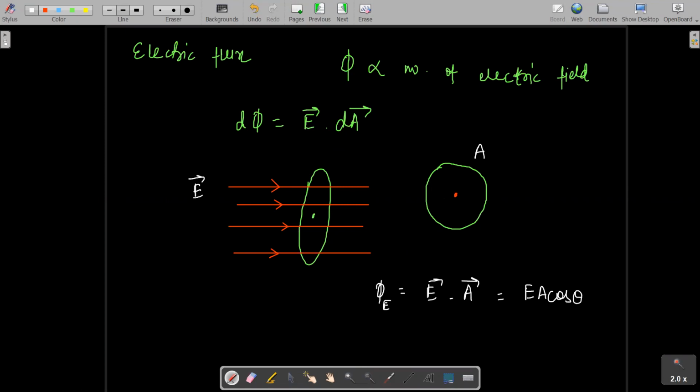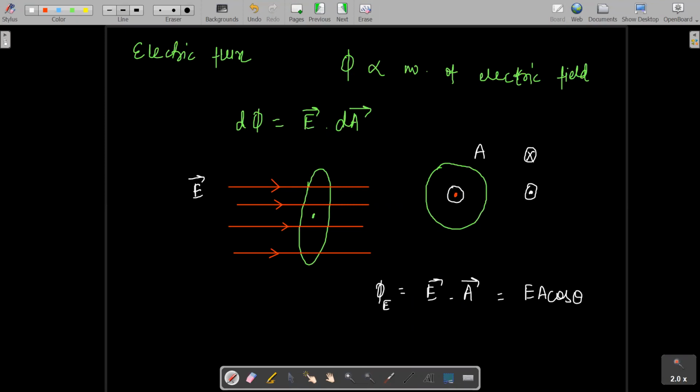And you have already studied about the area vector in your previous classes when you were studying electric flux. Area vector has a direction. It is always perpendicular to the surface, right? If this is the surface, which direction will be perpendicular? Either this direction or this direction.